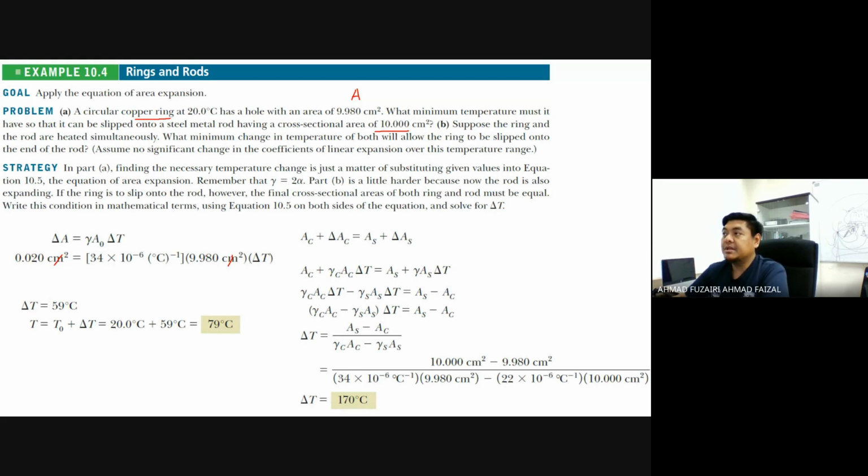Suppose the ring and the rod are heated simultaneously. What minimum change in the temperature of both will allow the ring to be slid onto the end of the rod?